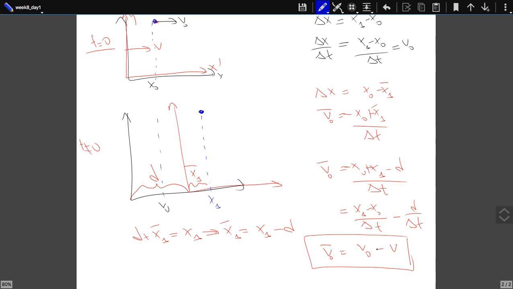But here, when we are writing this one, we are assuming that t measured by both of those are the same. So that's the other assumption that we are making.